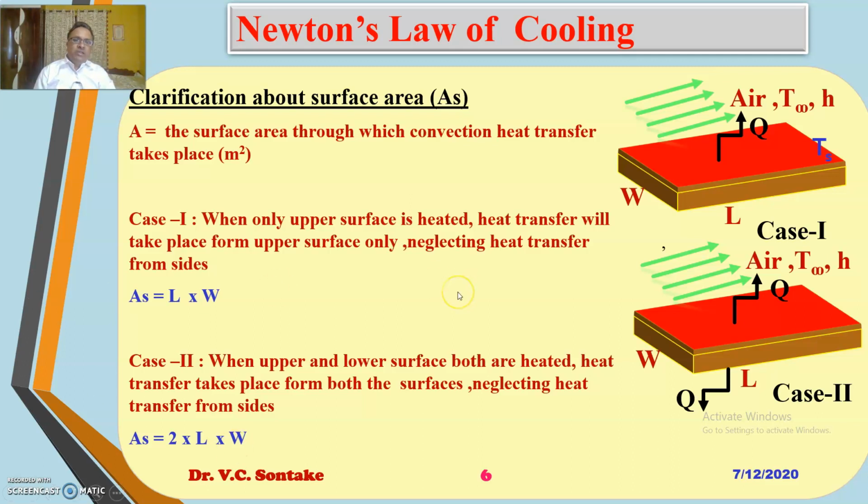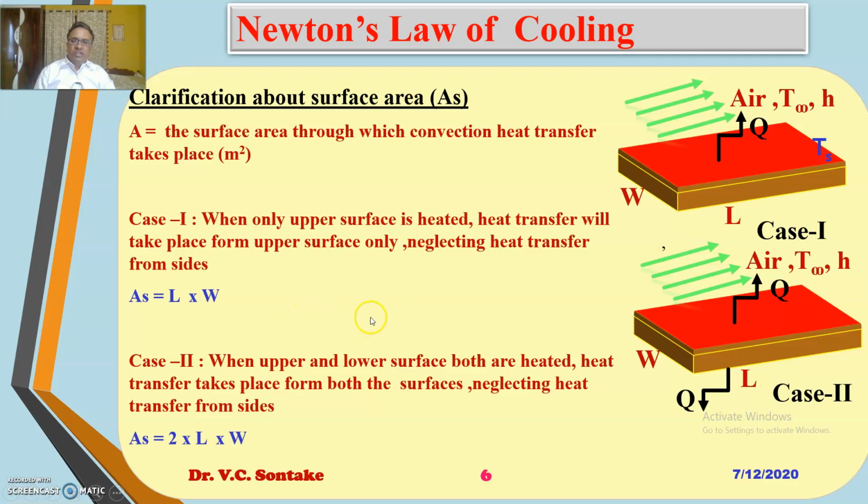Now you may ask why you have not taken into consideration any heat transfer from these edges. So if I consider heat transfer from these edges as well, their area will also come into the picture.